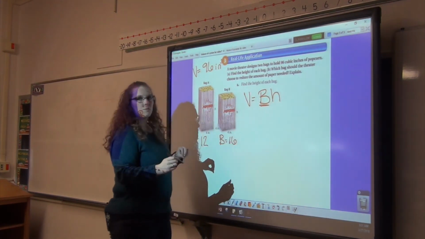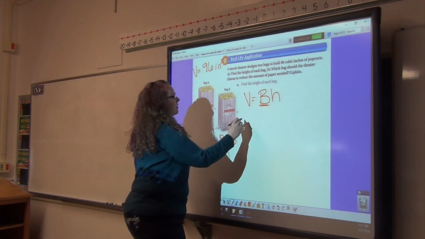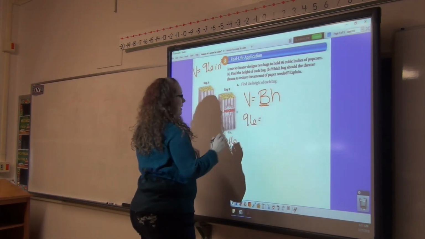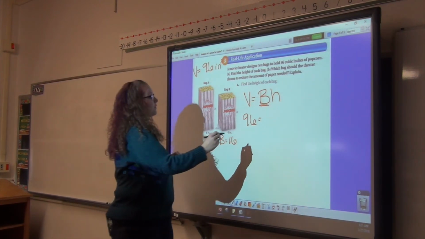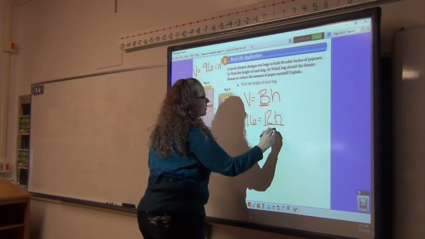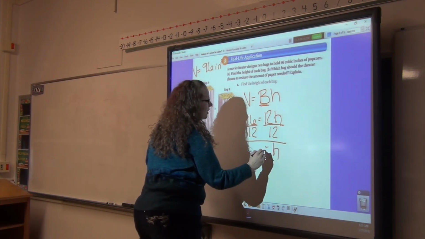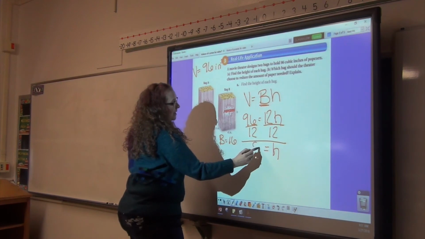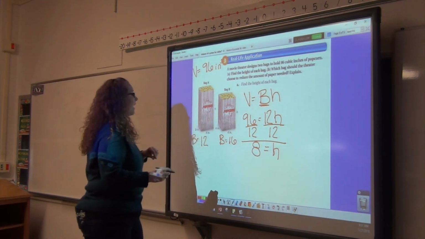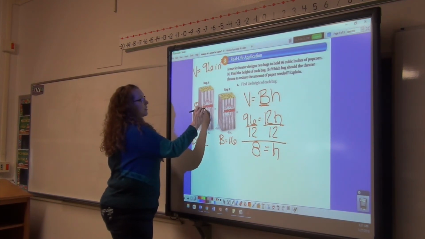I know what the area of each base is, so I can substitute my volume in and my base in. We'll do this one first, and I can solve for the height. 96 divided by 12 equals 8. So I know that the height of this bag is 8 inches.